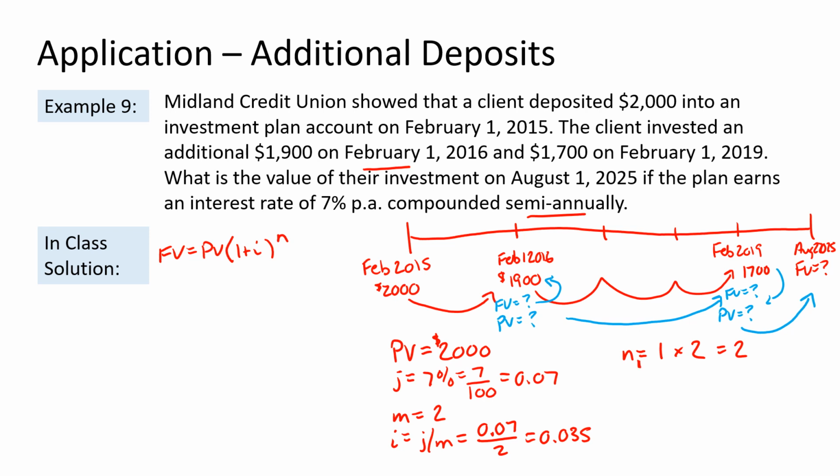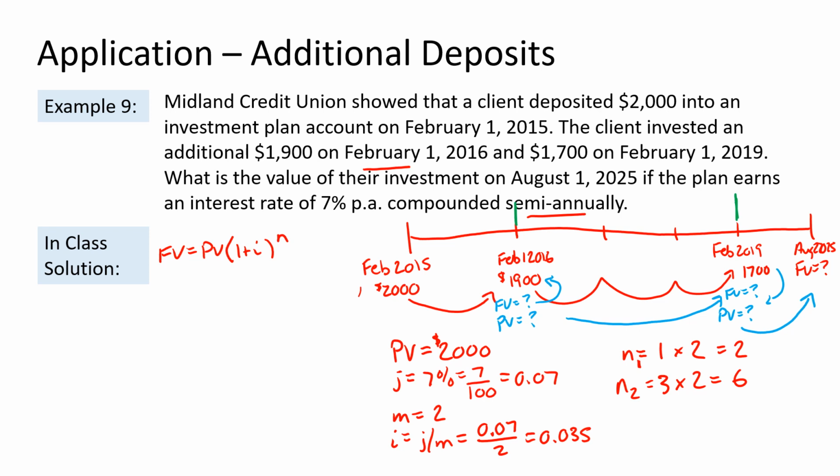Now that number is the only one that changes. Our periodic rate of interest does not change. So I'm going to actually do all 3 calculations of N right now, just so you can understand the differences. N2 is for the second time frame, from February 1st, 2016 to February 1st, 2019, which is a period of 3 years, again times 2 compounding periods per year, which gives us 6.